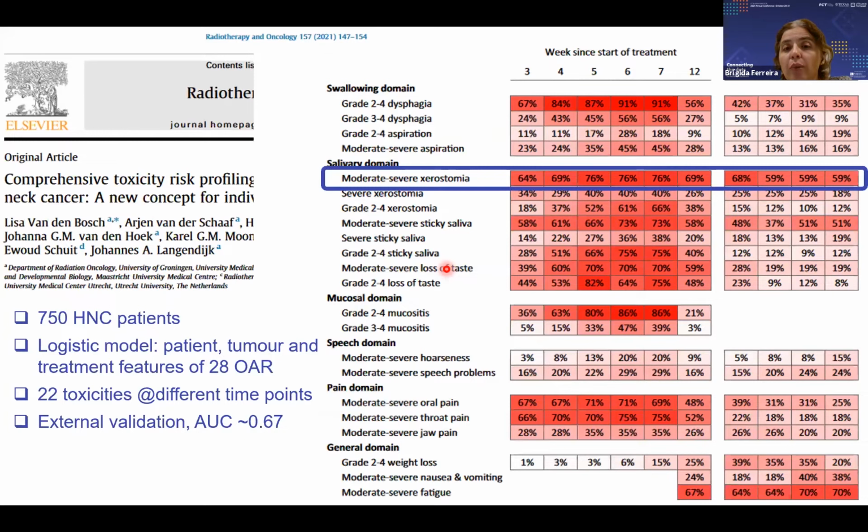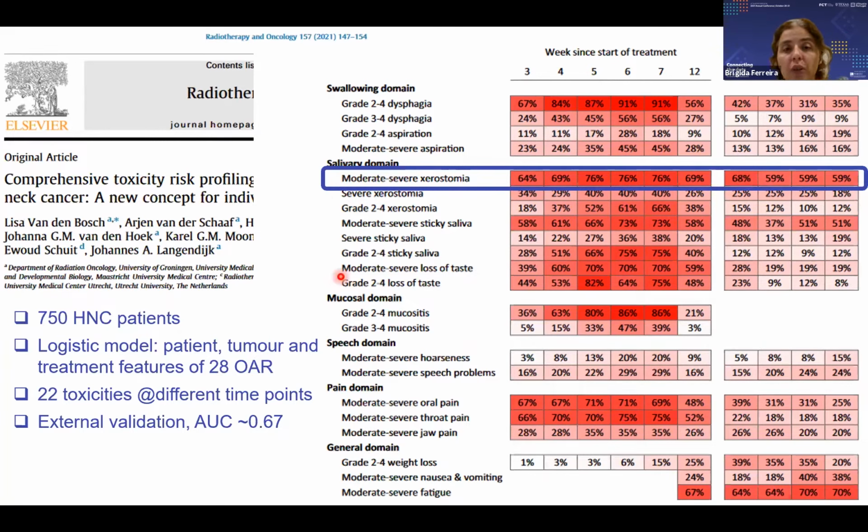So for example, here for xerostomia, which is a complication in the parotid glands, you see that during the weeks of the treatment, the probability of xerostomia starts to increase, and afterwards the probability of xerostomia starts to decrease.